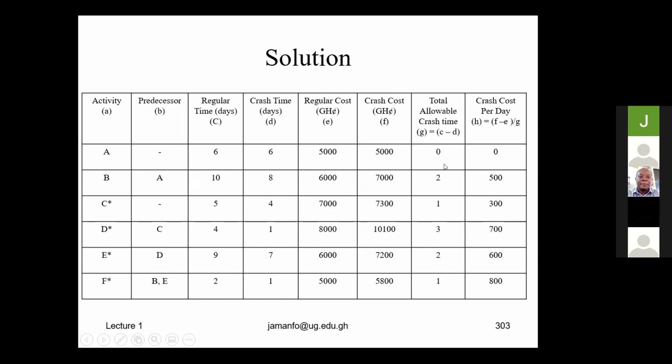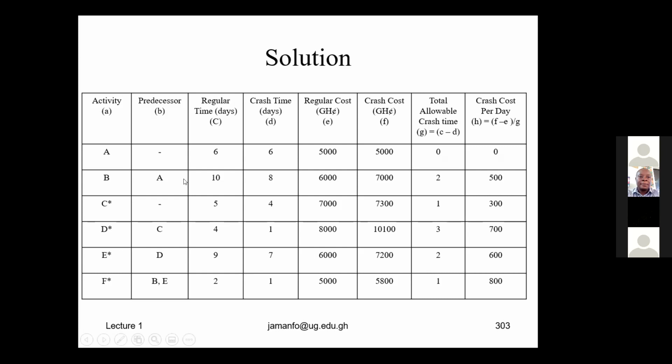Now, you'll be asking me, Teacher Gusha, what are we going to use this for? What this means is that for activity A, can we crash activity A? No, we can't crash it.